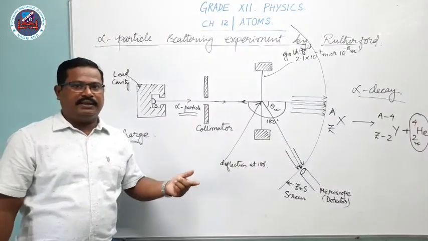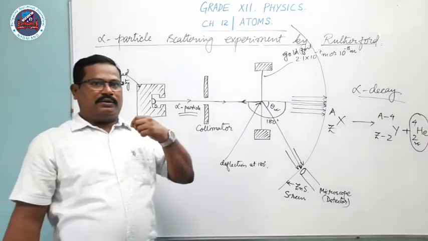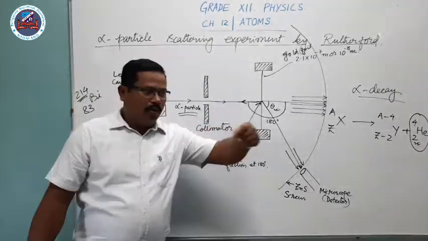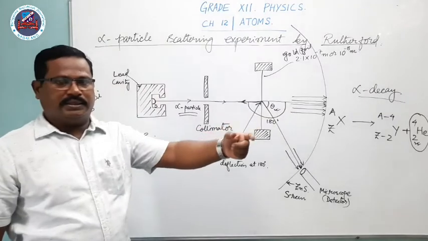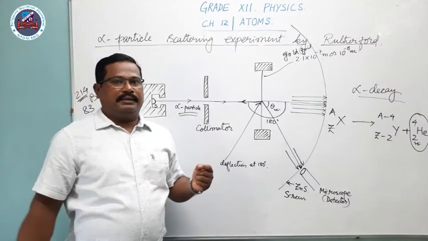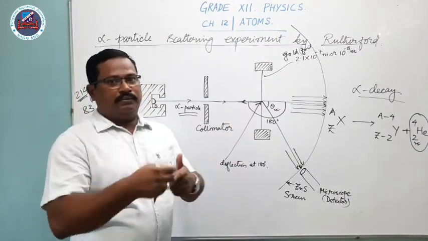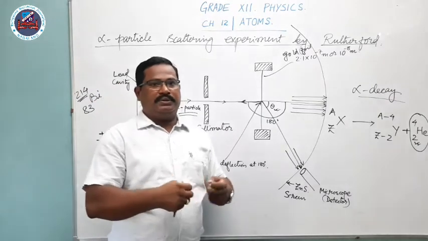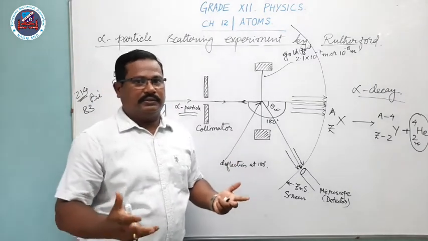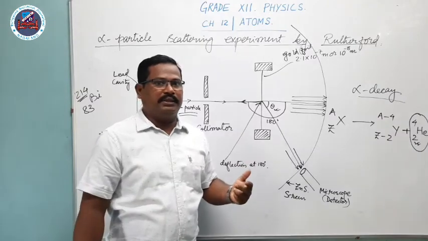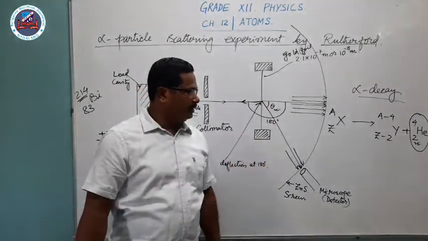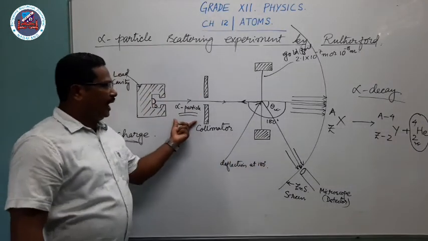It is heavy in nature. It cannot travel far in air. It can travel a certain distance, but if it comes in contact with matter, it can produce a large effect on it. That is your alpha particle.